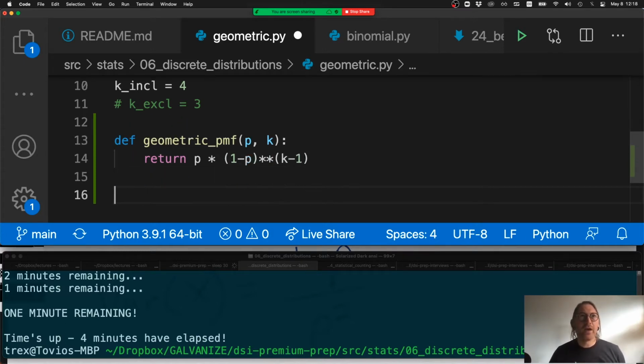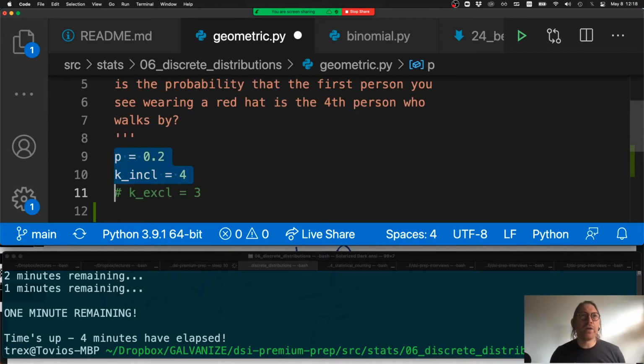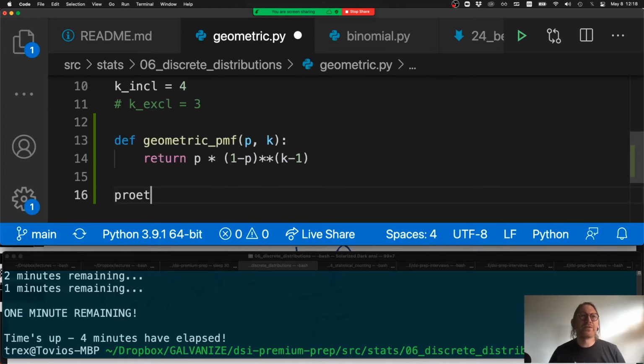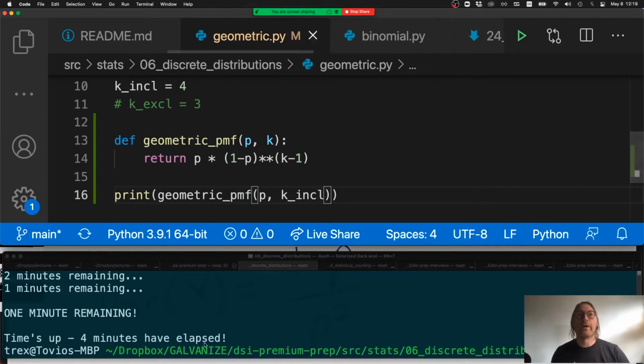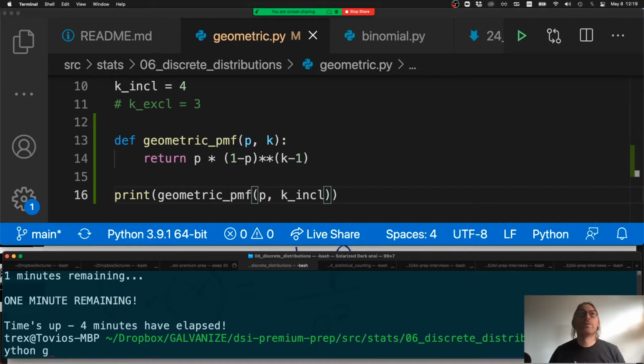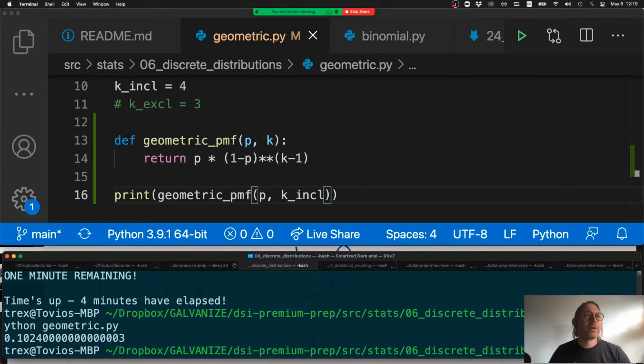So it's just that. And if we want to know the probability that we see our first red hat on the fourth person, let's find out what that is. All right, so looks like that's right around 10%.